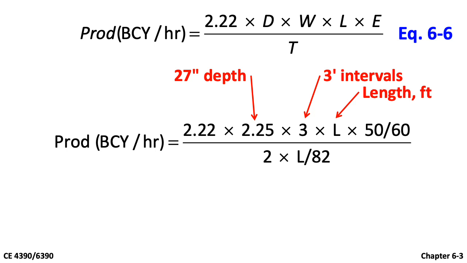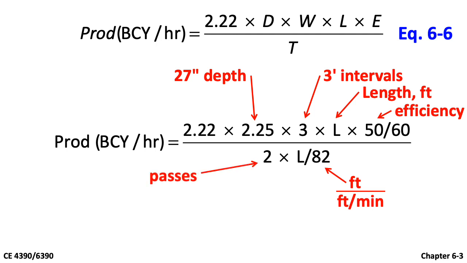The efficiency is 50 per 60 minutes. In the denominator, the total time T is equal to total length L divided by the speed, which is given as 82 feet per minute. Also, since you need to do double ripping as required in the problem, you need to divide everything by 2 passes. Calculate this, you got 512 BCY per hour.